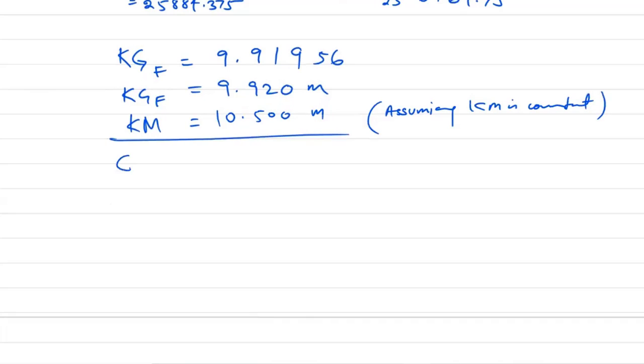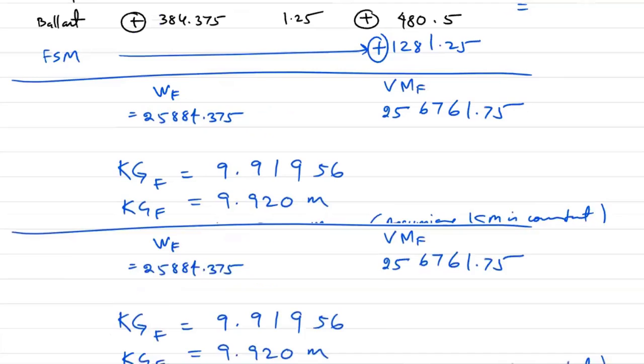Let me just cross check how much KM is given. 10.500. So we will have GM final, 0.58. So you have all the three parameters now.